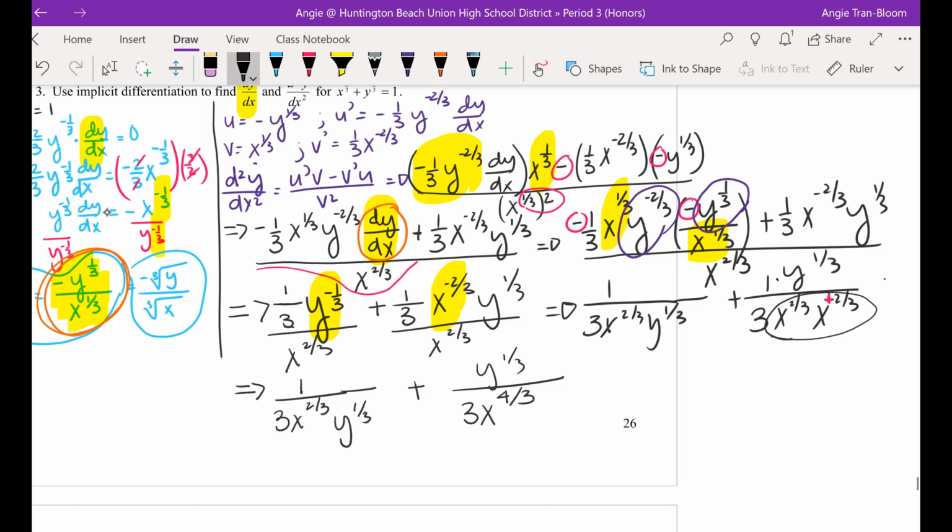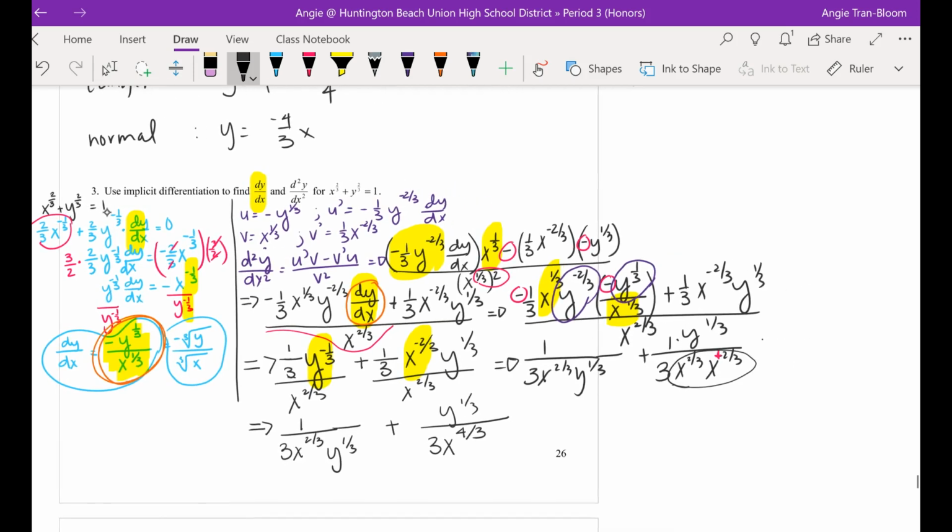Then I need to find a common denominator. Are you okay with that? Okay. So what would happen if I find a common denominator? This side right here has x to the 2/3 already, so I don't need to multiply, but I'm going to multiply this side by y to the 1/3 and this side by x to the 2/3. What I multiply to the bottom, I multiply to the top.